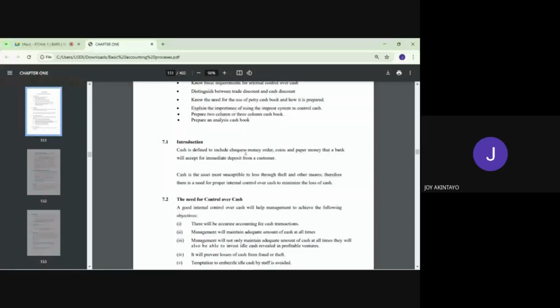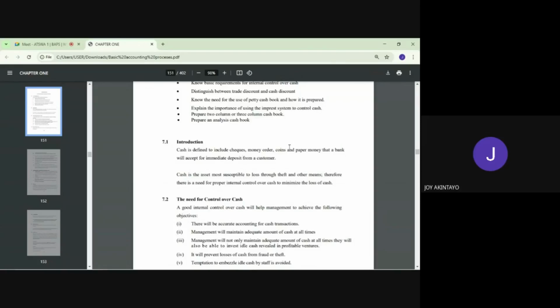Okay, that's cash. When it comes to cash, it includes the check, because with a check you can transact money between yourself and another party. Are we together?